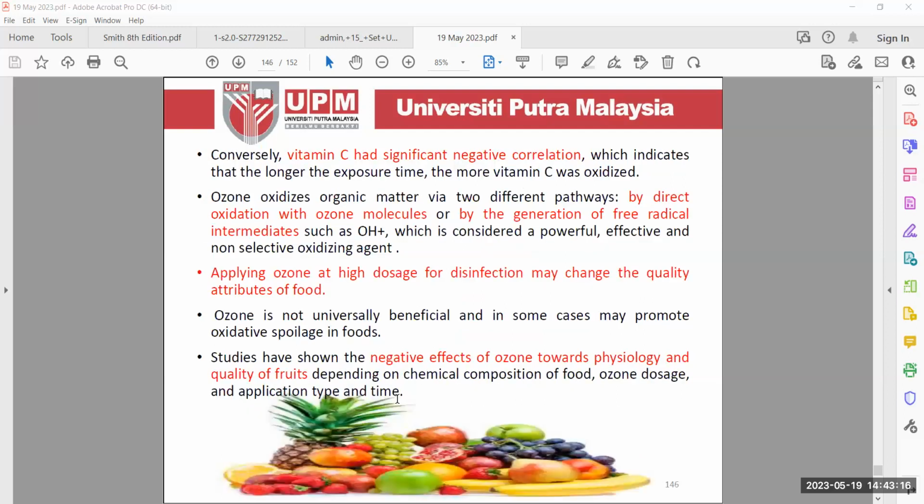Vitamin C has a significant negative correlation, meaning the longer the exposure time, the more vitamin C is oxidized. So ozone is not recommended for fruits that have higher vitamin C, such as mango, those cut fruits.